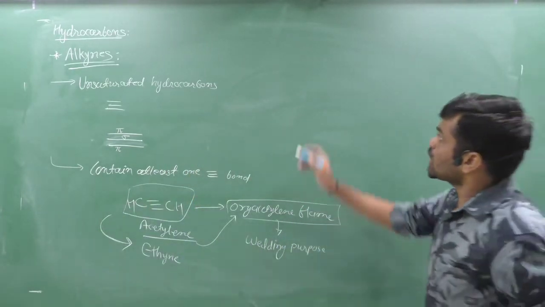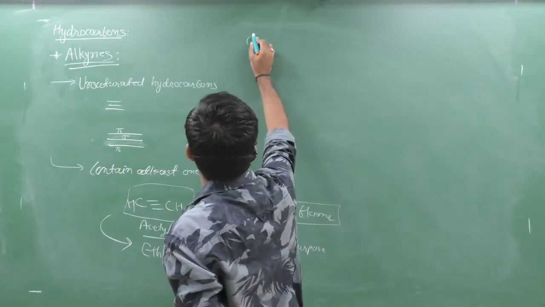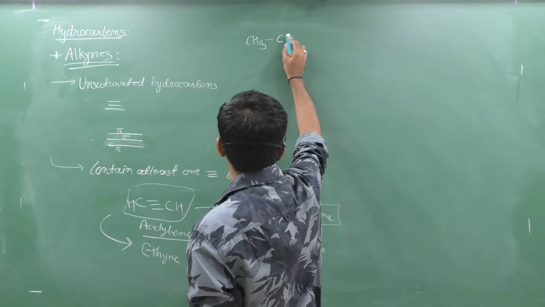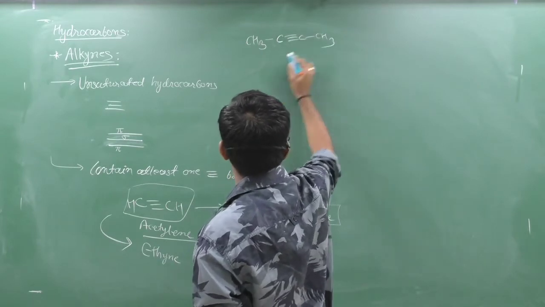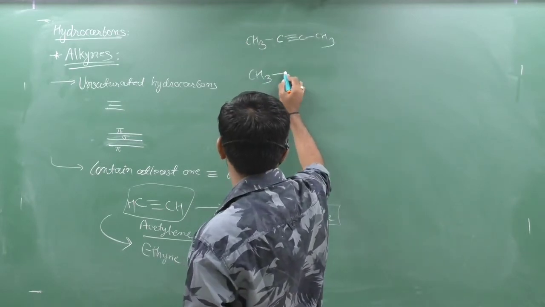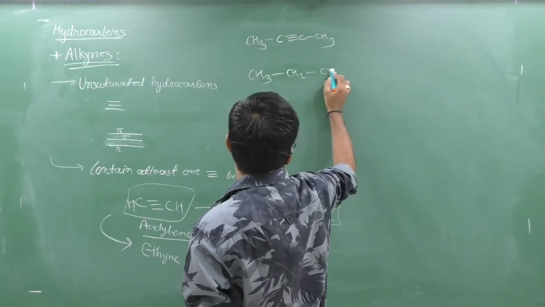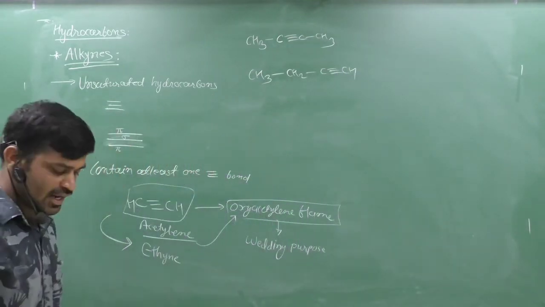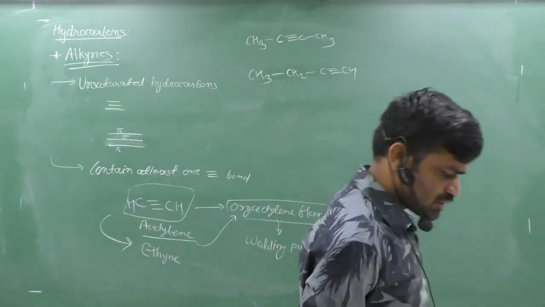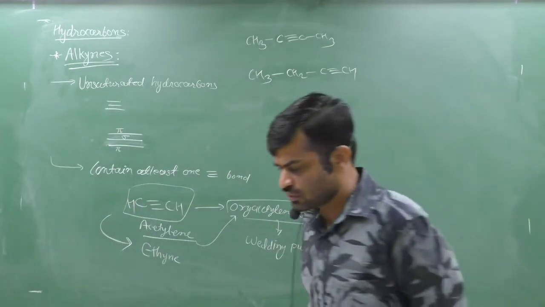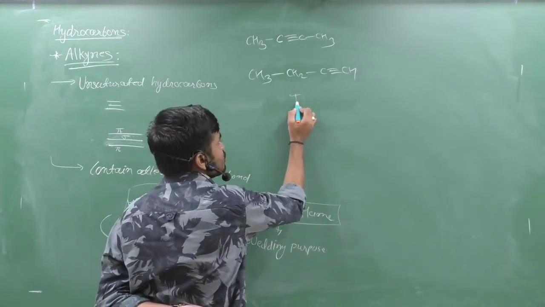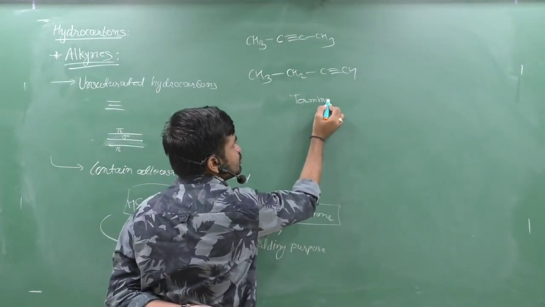Clear? Alkynes are of two types. Suppose we have alkynes like CH3, C triple bond CH3, and CH3, C triple bond CH. Both are alkynes. But if the triple bond is present at the terminal, or at the end, left side or right side, it is known as a terminal alkyne.